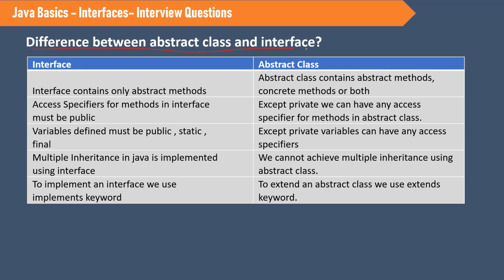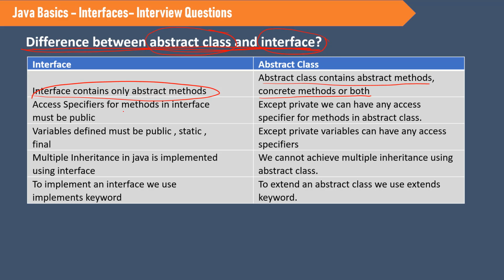What are the differences between abstract classes and interfaces? The first one is that abstract classes may not provide 100% abstraction, but an interface provides 100% abstraction because interface methods are all abstract. An interface contains only abstract methods. An abstract class contains both abstract methods and concrete methods.